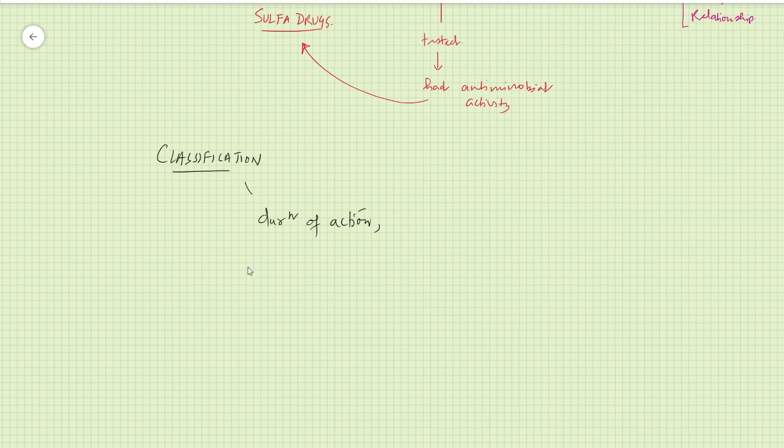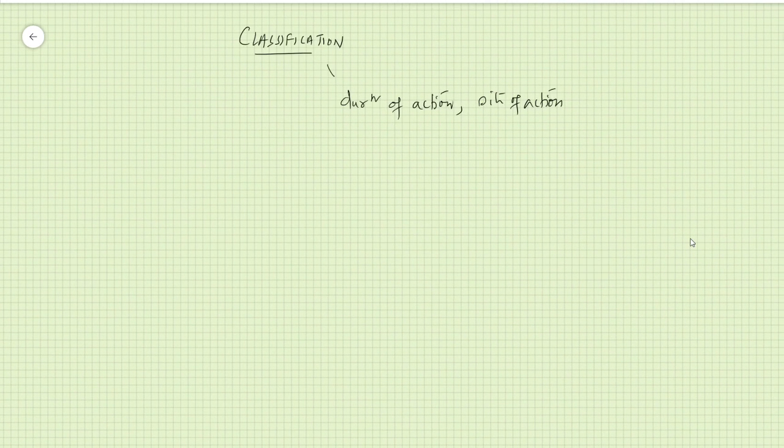So they're usually classified according to the duration of action and site of action. So it's rather a hybrid scheme of classifying the clinically used drugs.